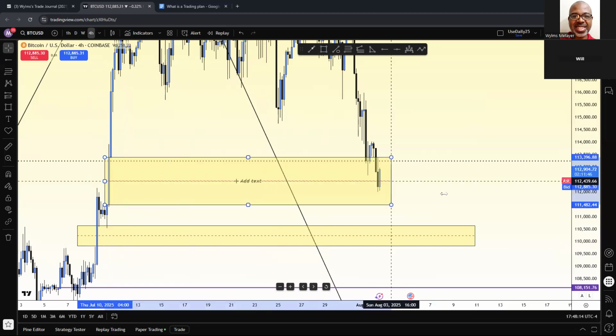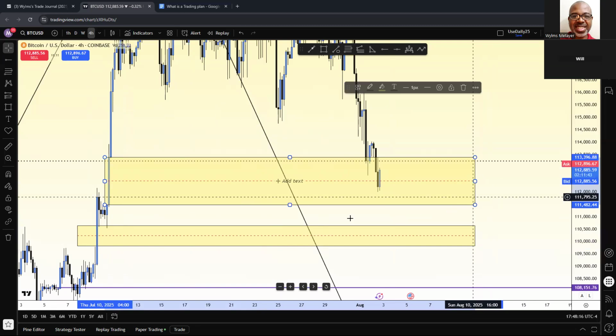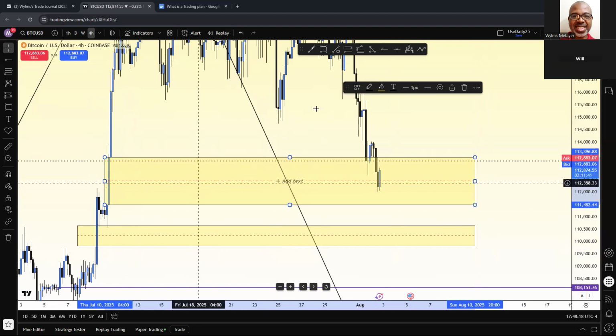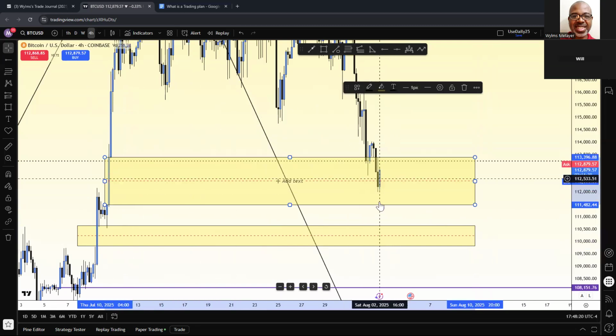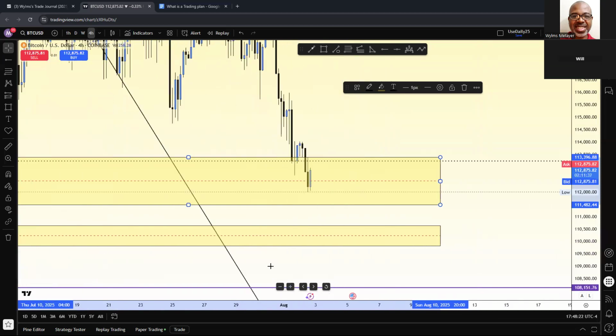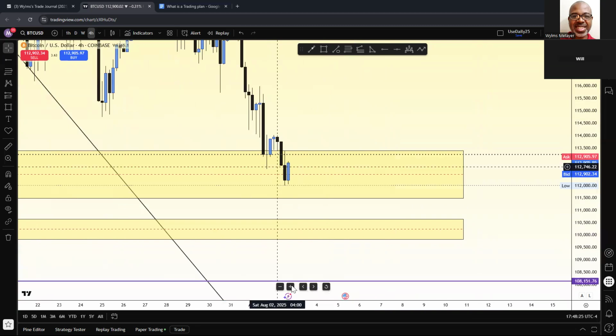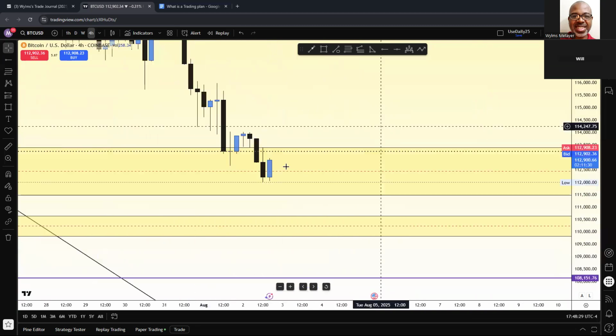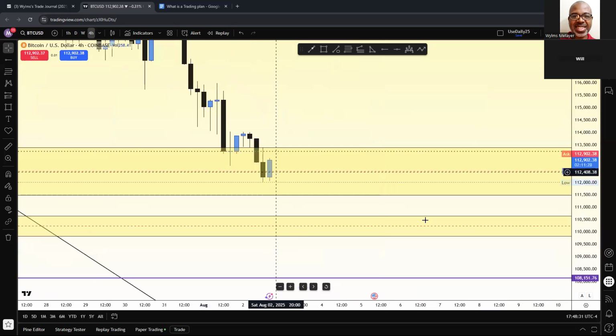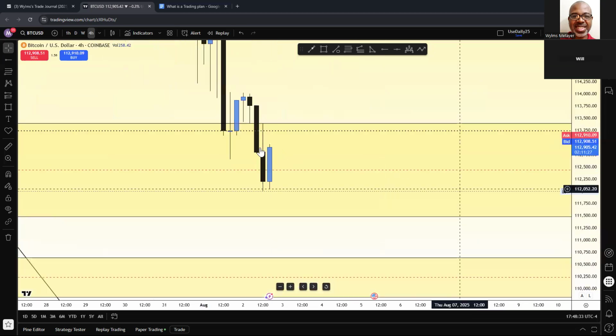You pull this all the way over to the right, you notice that this gap is being filled as we speak. Okay. And what did I say you look for in order to execute a trade in this particular fair value gap? Well, you're looking for a bullish engulfing candle, which is this candle that's being formed right now.